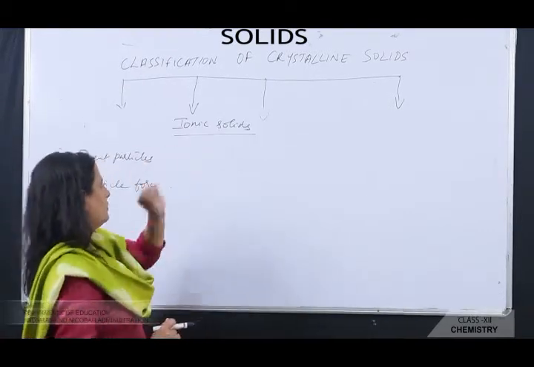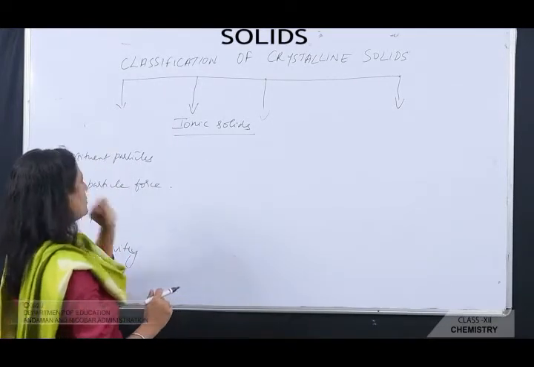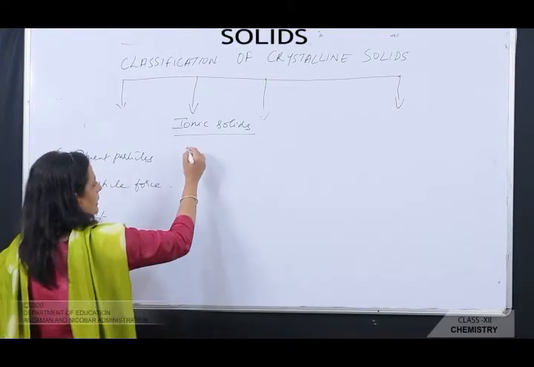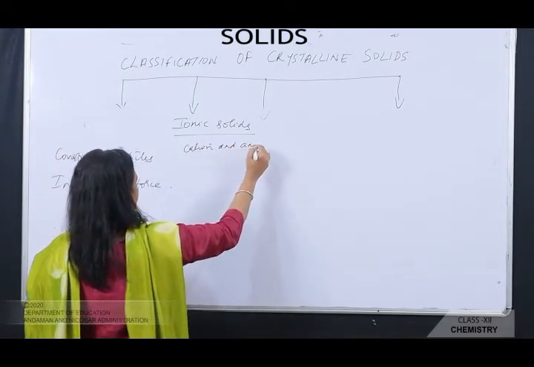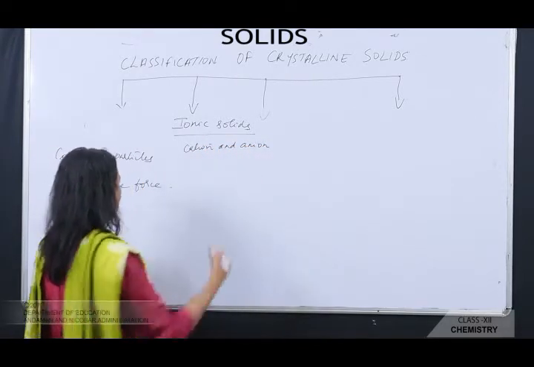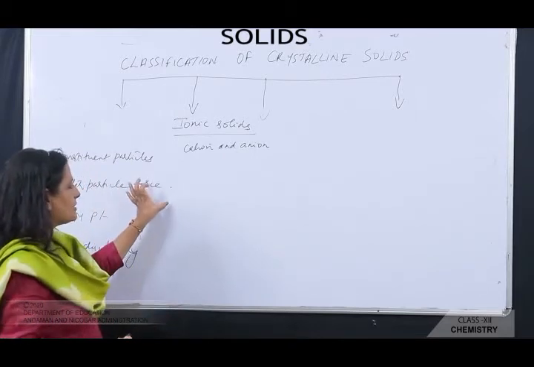Next is ionic solids. In case of ionic solids, the constituent particles are what? Cation and anion, that is positive and negative ion. Then interparticle force is what?